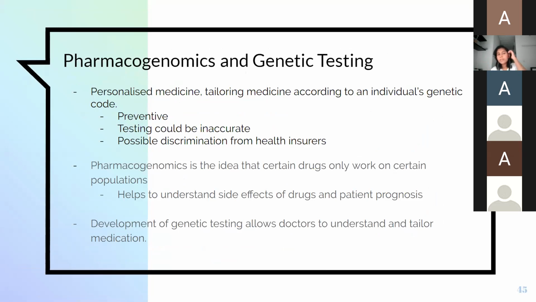So with personalized medicine, it can be preventative, but testing can also be inaccurate, and another thing is possible discrimination from health insurers. So these are just a few advantages and disadvantages of it.